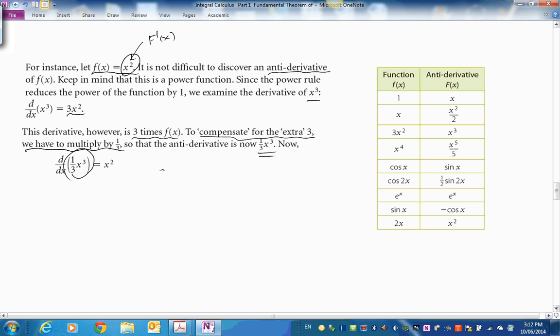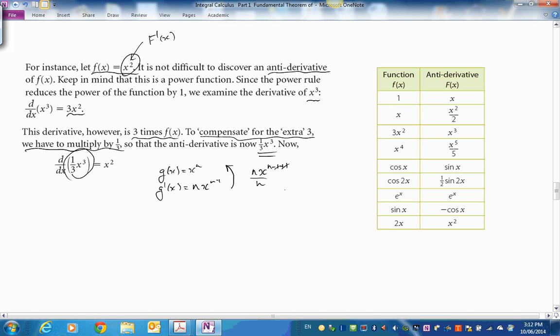So if we say we've got a function g of x equals x to the n, then the derivative of that is n x to the n minus 1. What do you do if you want to go back from the derivative to the original function? You'll increase the power by 1, we're reversing it, and then divide by the new power.